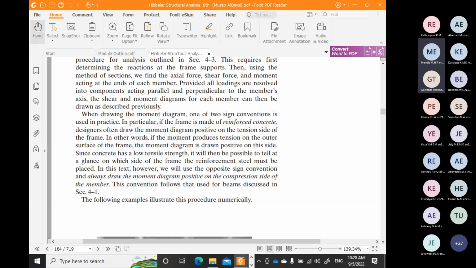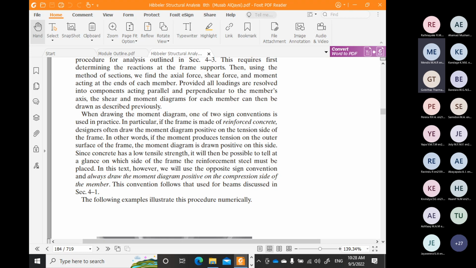If you take a beam, if it is bending upward, it's hogging. So to be consistent with the beam method, they are plotting on the compression side. In the beam also, if it is sagging, we draw on the positive side, which means that we draw on the compression side.